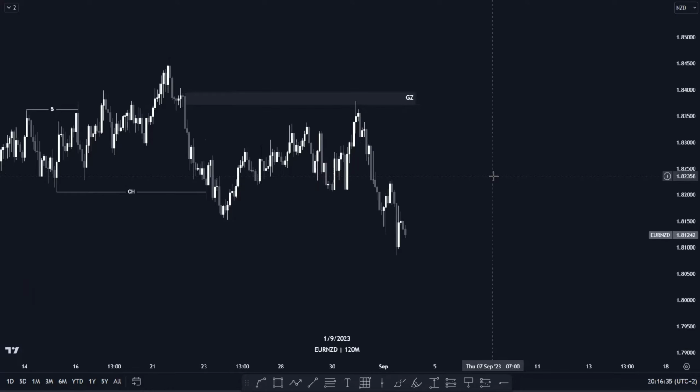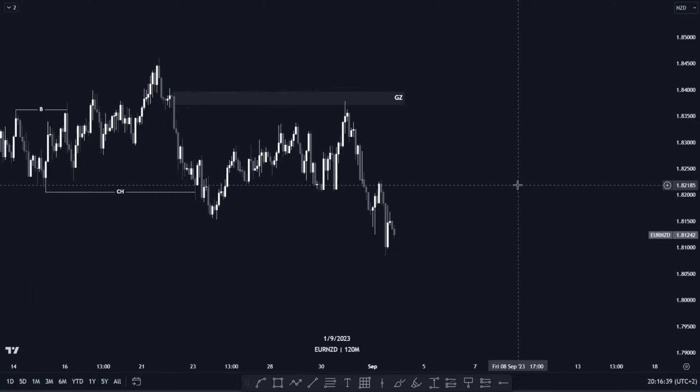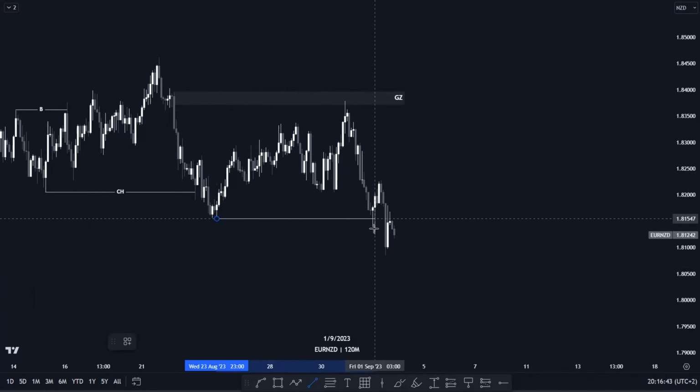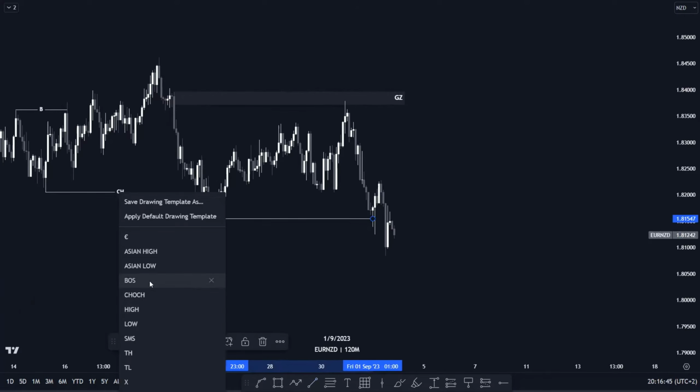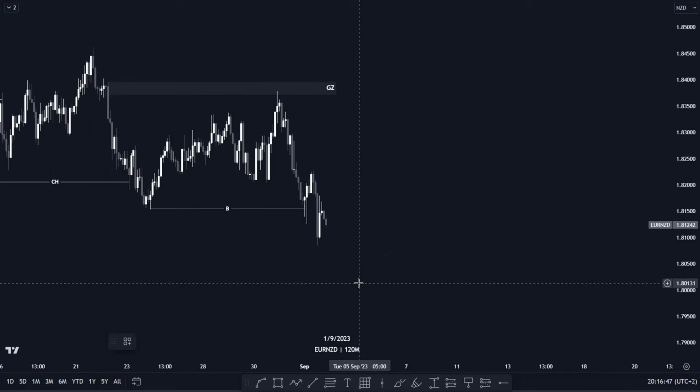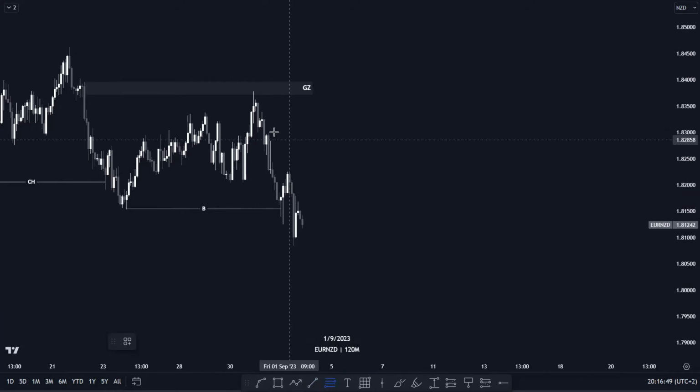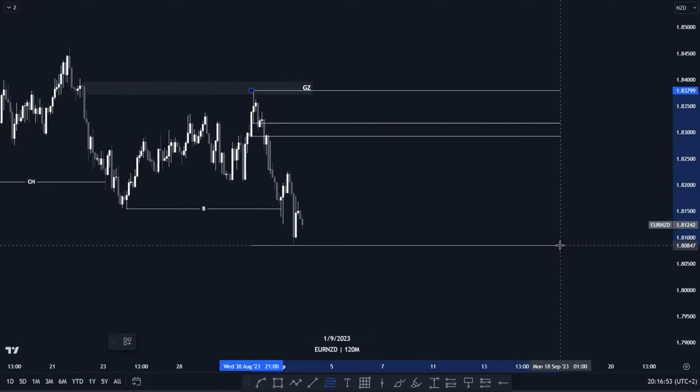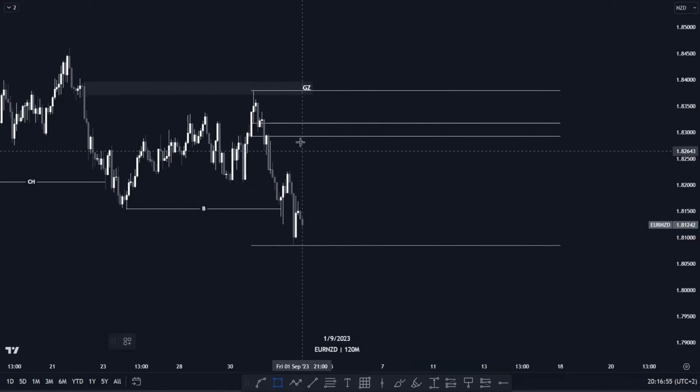What I'll be looking for on Euro NZD next week is that we have this break of structure here, and we can also take our next entries based on our golden zone.